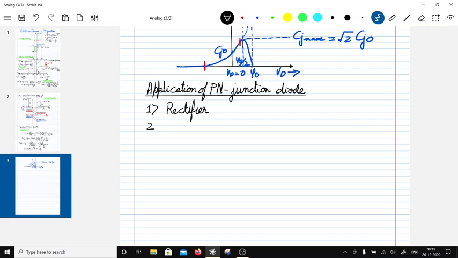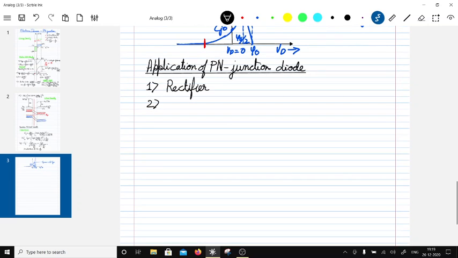Second, a reverse bias diode is used for isolation of devices from the substrate. Usually the devices sit in a well, and the well is nothing but a PN junction to the bulk. Let's take an example of an N well process.